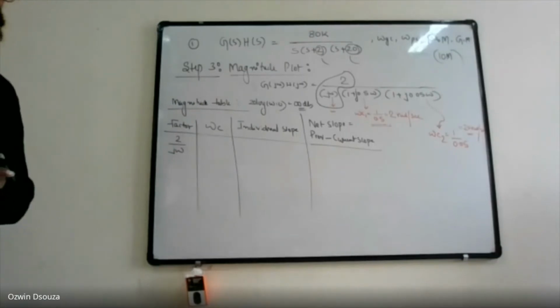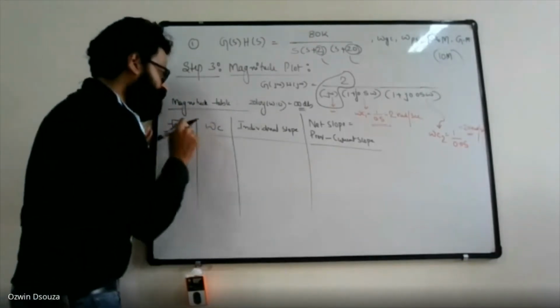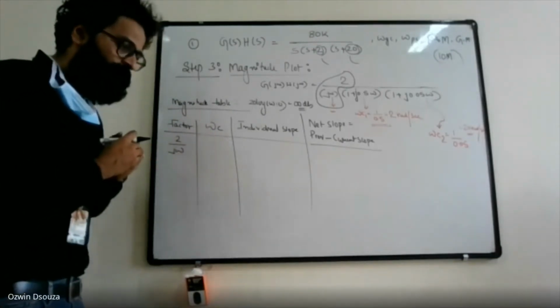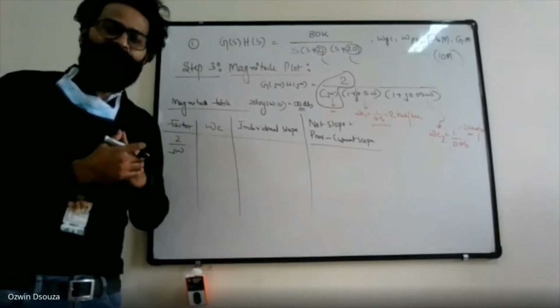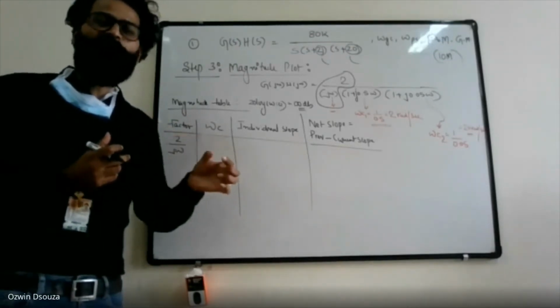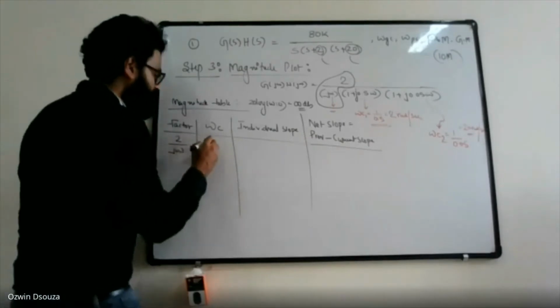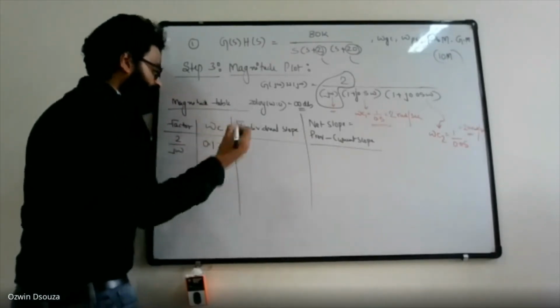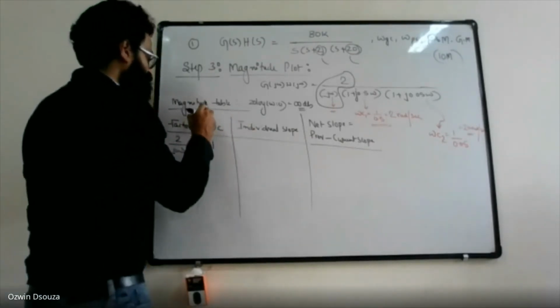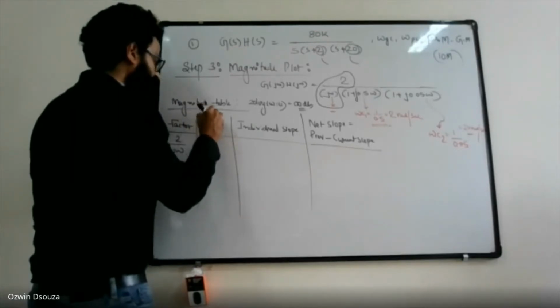what we can do is, instead of 0 radian per second, you consider a frequency which is very close to 0. Let's say 0.1. Okay, and omega c is expressed in radian per second.